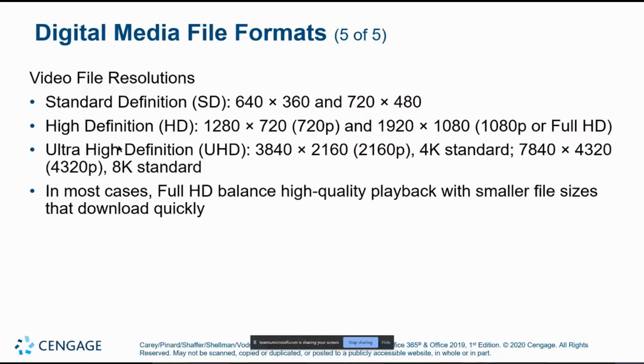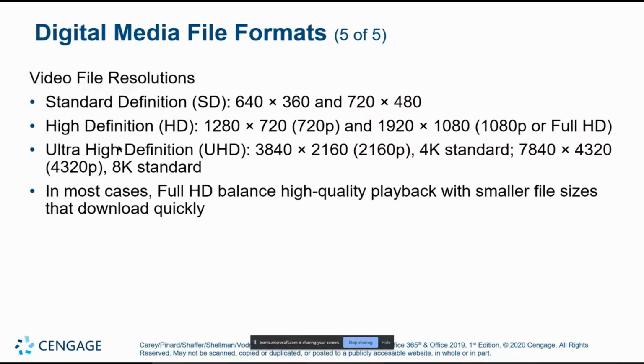A quick note about video resolution. There is a huge range of available resolutions, much like there are a lot of options for resolution on a monitor or TV. And so we're just going to go over a few common examples of them. First is standard definition, which you'll find in 640 by 360, 720 by 480. I've also seen 853 by 480 as a more strange one.